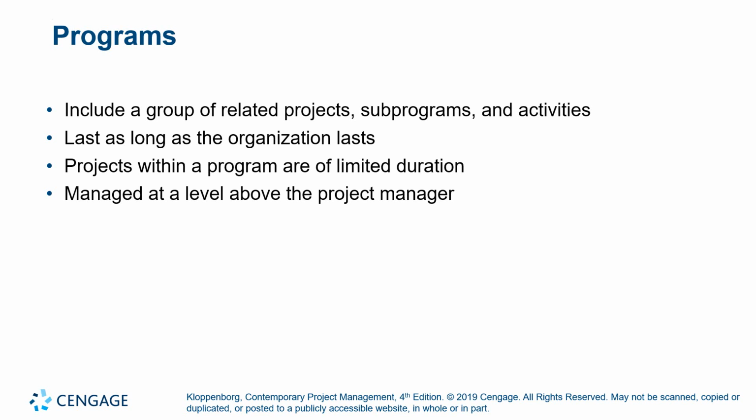So how I would best explain a program is, a program would be like about 6, 7, 8 different projects that are umbrellaed up to one particular program. So your program can be anywhere between 4 and 8 projects.